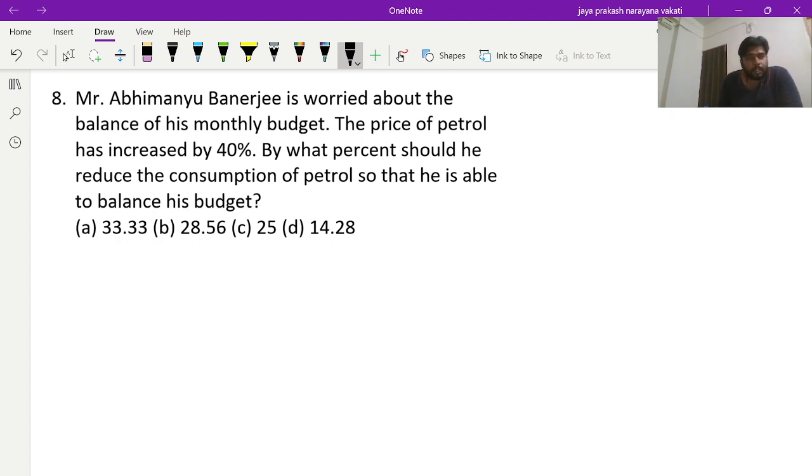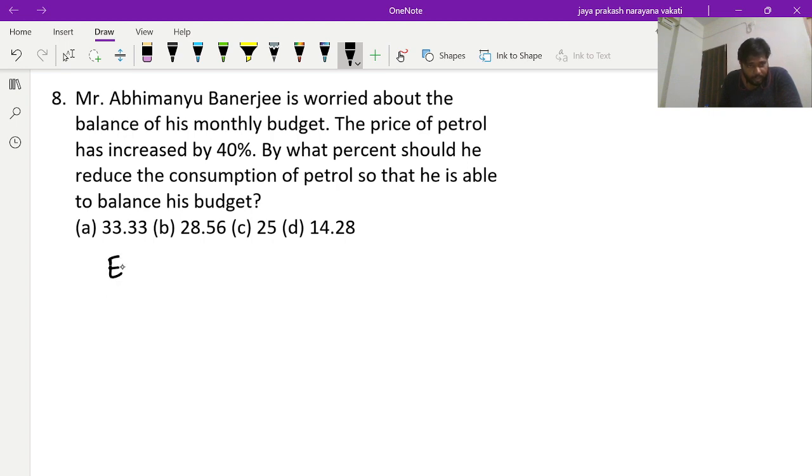Mr. Abhimanyu Banerjee is worried about the balance of his monthly budget. The price of petrol has increased by 40%. By what percent should he reduce the consumption of petrol so that he is able to balance his budget? Simple, guys.